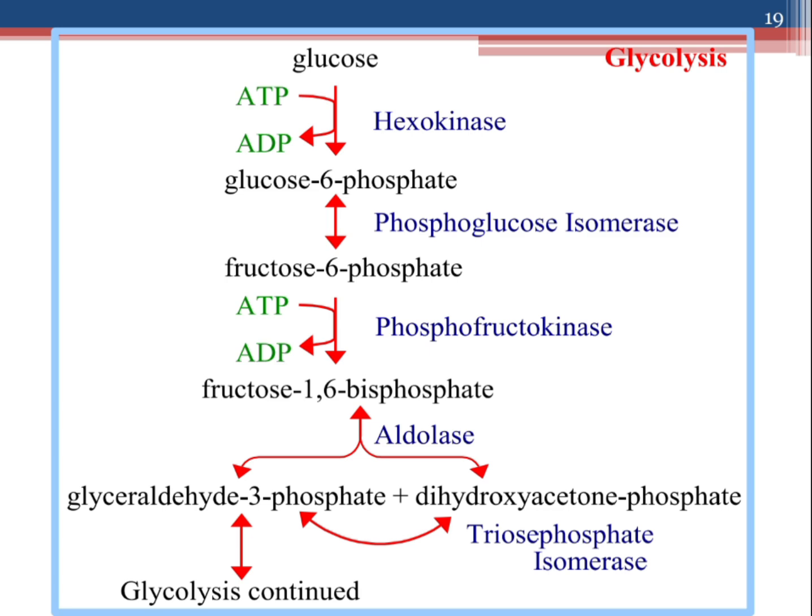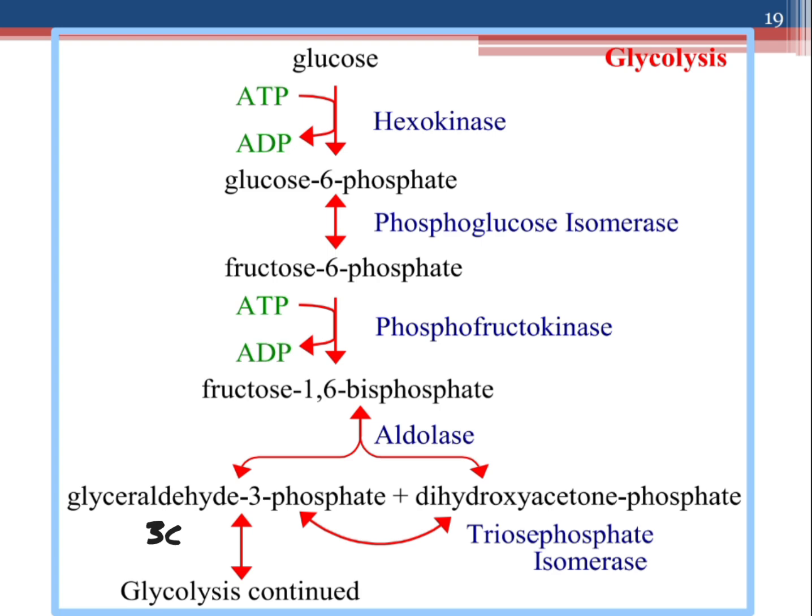It should be noted that these molecules, glyceraldehyde 3-phosphate and dihydroxyacetone phosphate, are 3-carbon molecules. So usually we convert dihydroxyacetone phosphate into glyceraldehyde 3-phosphate.